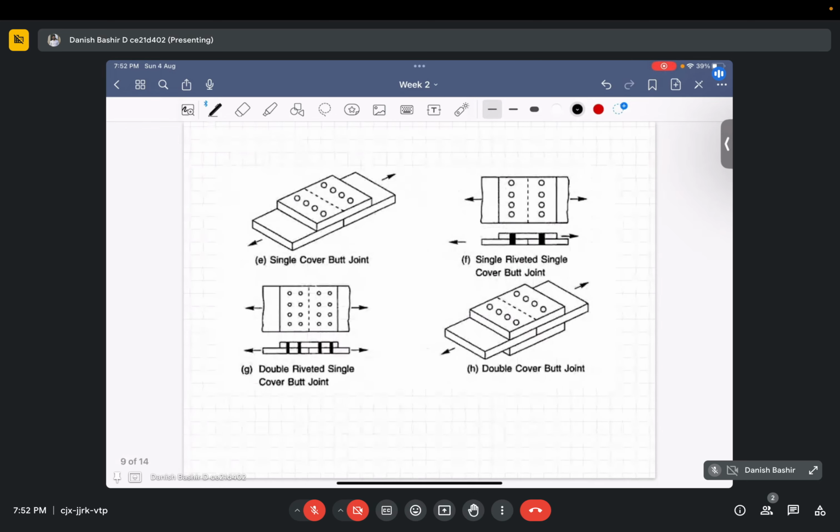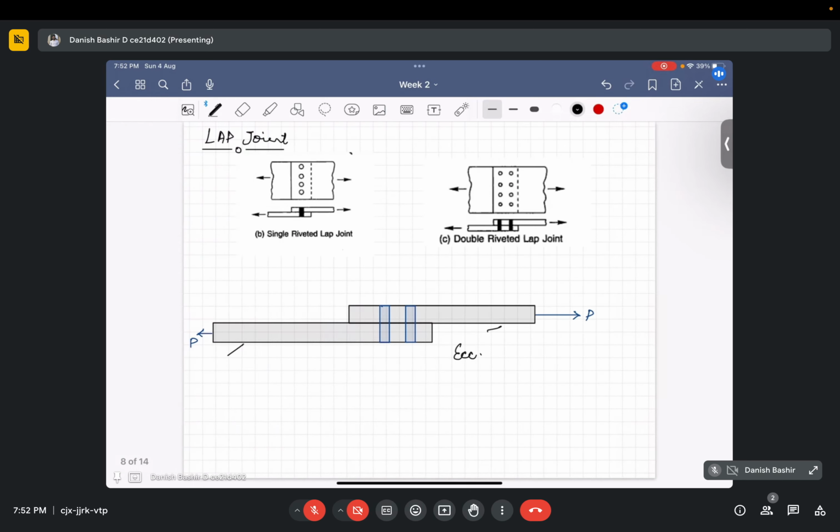Okay, we have then butt joints. Let me write: eccentricity is there, which causes undesirable bending, like here.